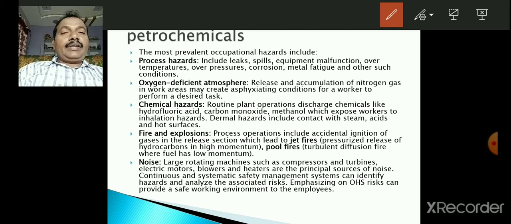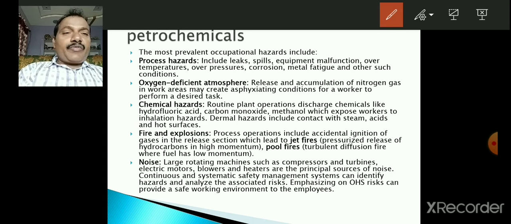The next one is the oxygen deficient atmosphere. Here, release and accumulation of nitrogen gas in work areas may create asphyxiating conditions for a worker to perform a desired task.